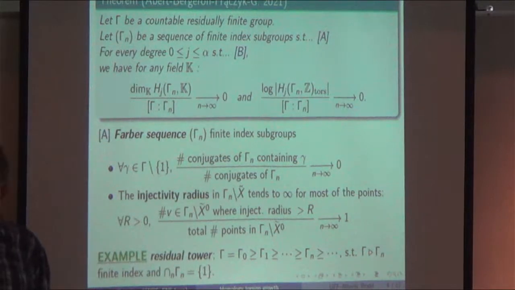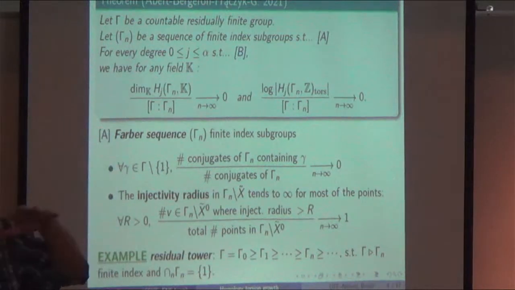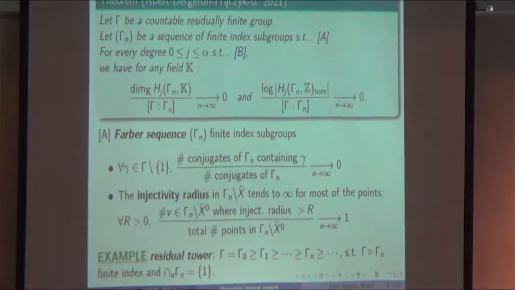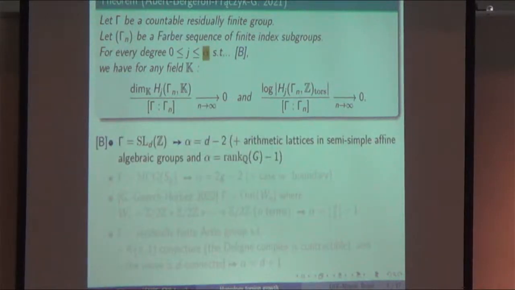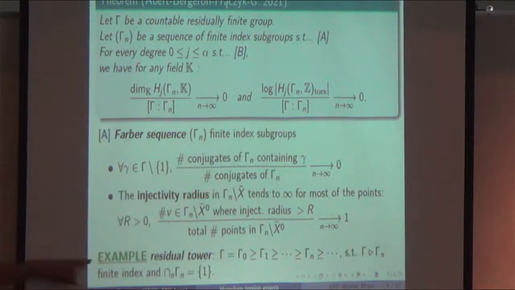This is clear? So your manifold has large injectivity radius, except maybe in a few places. Okay. Now, so that's clear? And if it is not clear, just stick to that example.